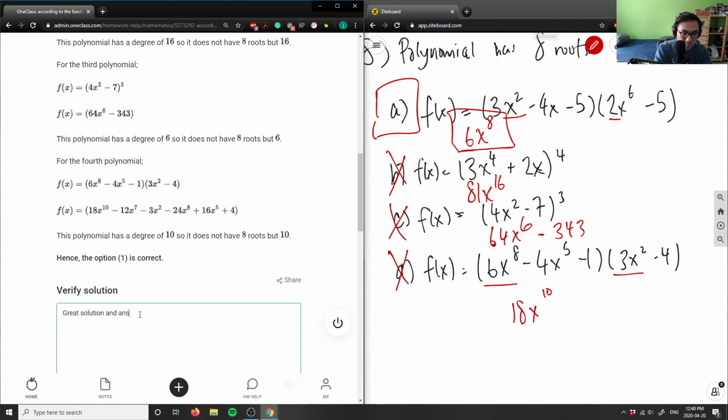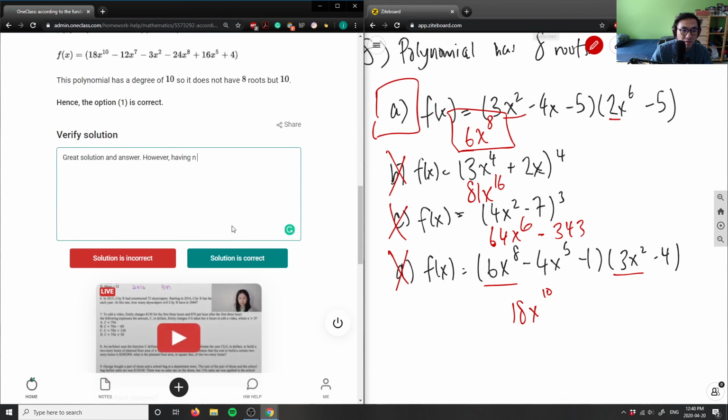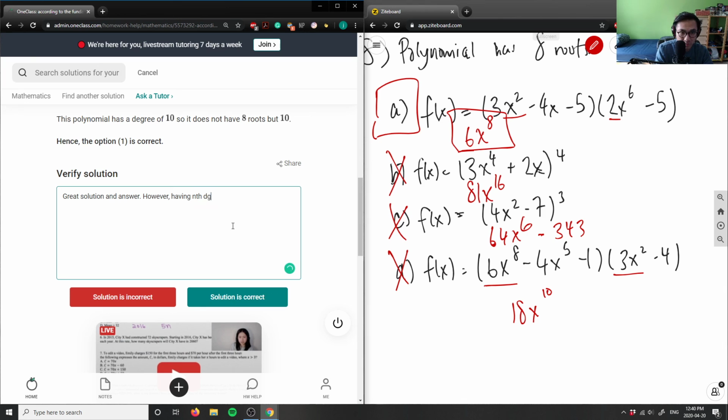and answer. And I'm going to correct their fundamental theorem of algebra. However, having an nth degree polynomial does not mean that you have n roots.